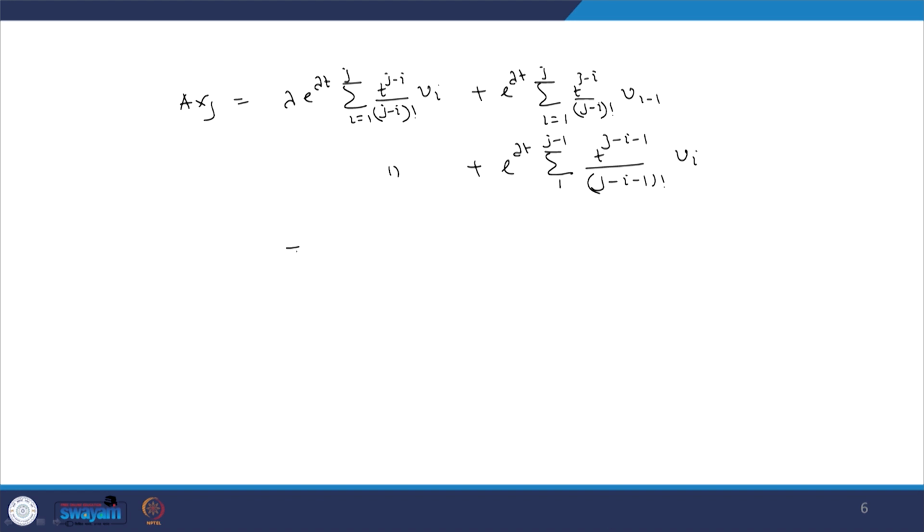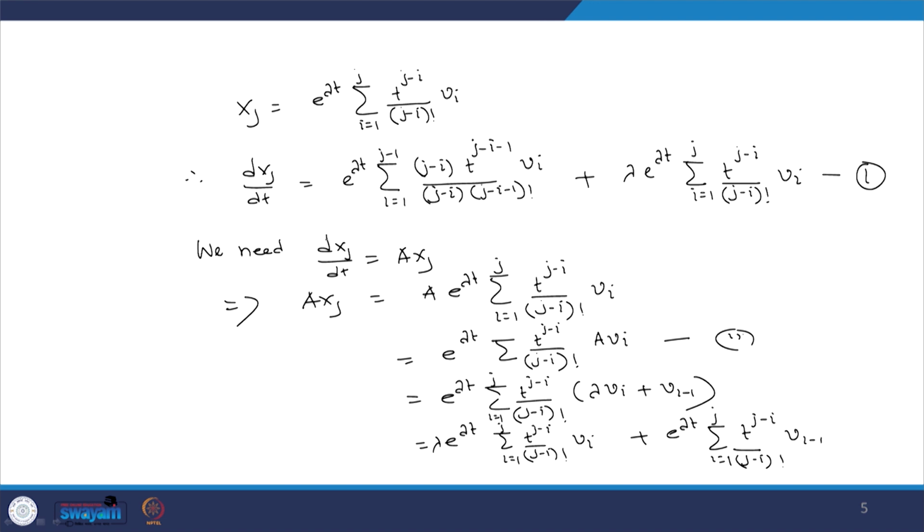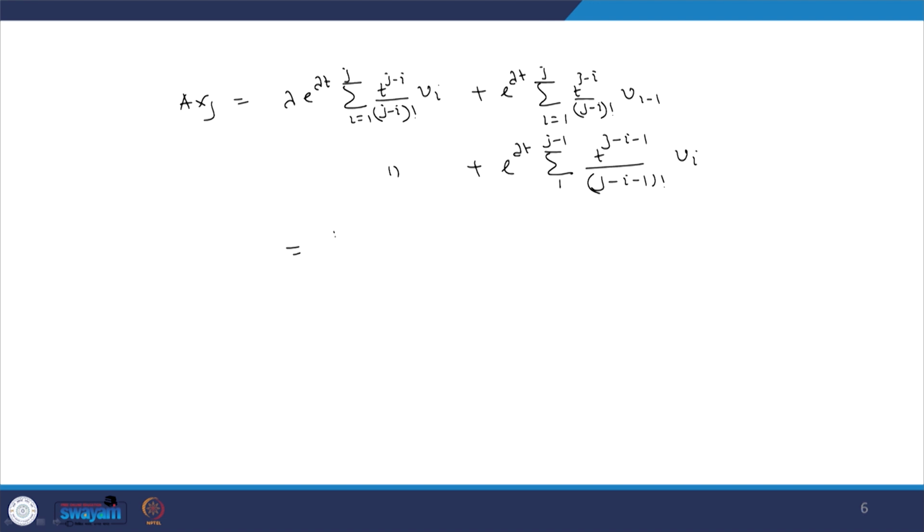So, this is nothing but what we already obtained in equation 1 for dxj by dt. So, each xj(t) satisfies the governing equations. Also, we will see that at t equal to 0 it satisfies the initial conditions, and then I will have one linearly independent solution as well.